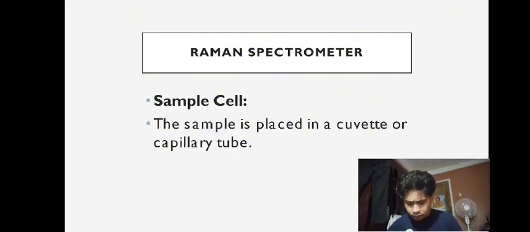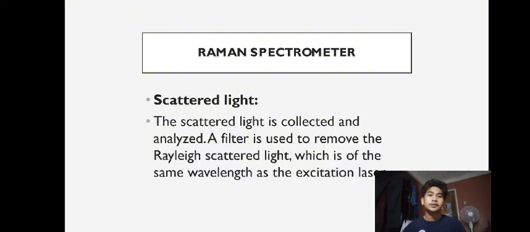Then, similar to the infrared spectrometer, we also have the sample cell. The sample is placed in a cuvette or capillary tube. Then we have the scattered light. The scattered light is collected and analyzed.